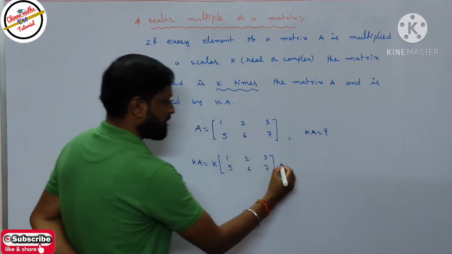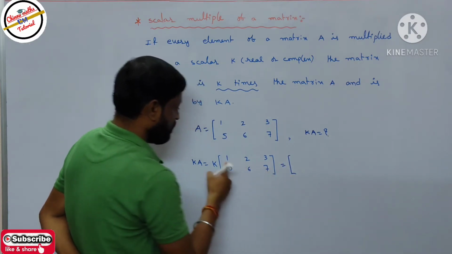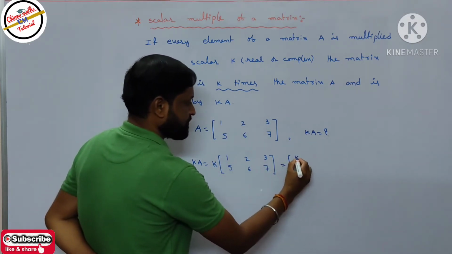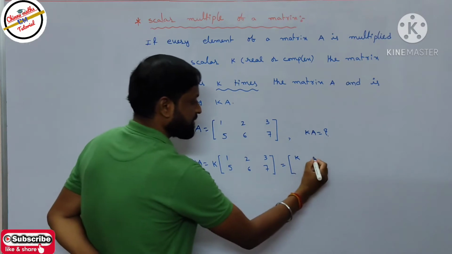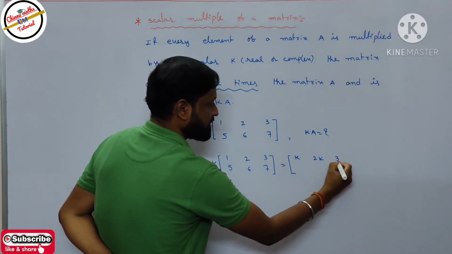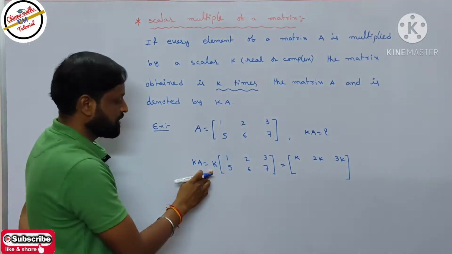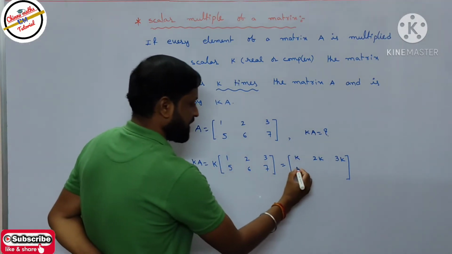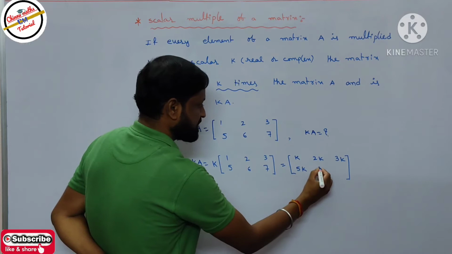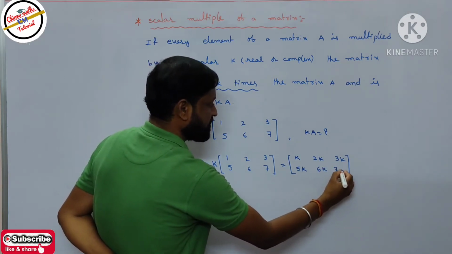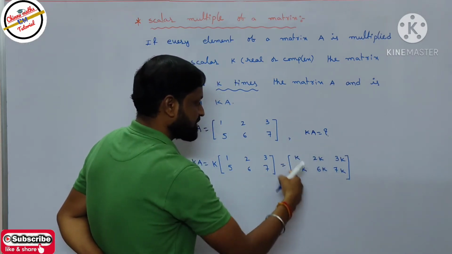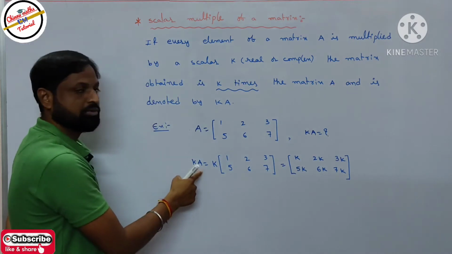So 1 into k is k, 2 into k is 2k, 3 into k is 3k. Every element should be multiplied by the scalar. Then 5 into k is 5k, 6 into k is 6k, and 7 into k is 7k. This matrix is denoted by kA.